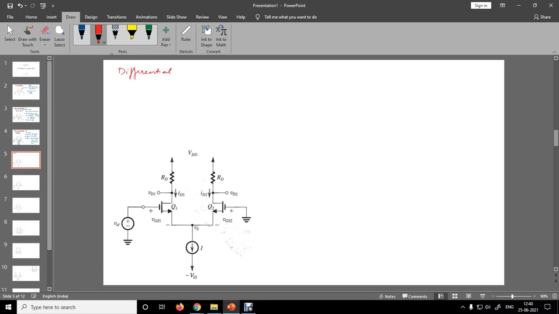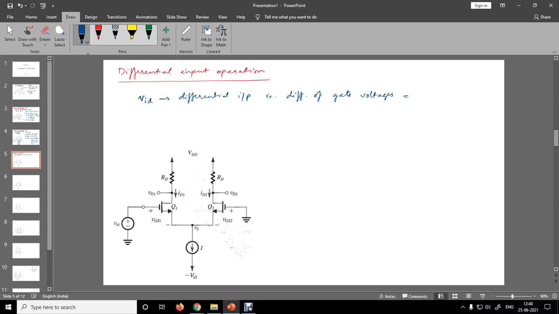Differential input here means VID is the actual differential input. That is the difference of gate voltages, the difference of gate voltages is equal to VID. Okay, that is what it means, differential input.